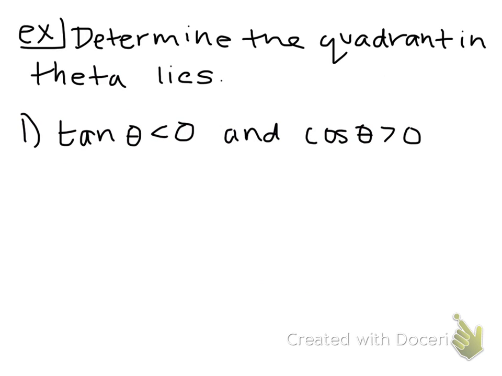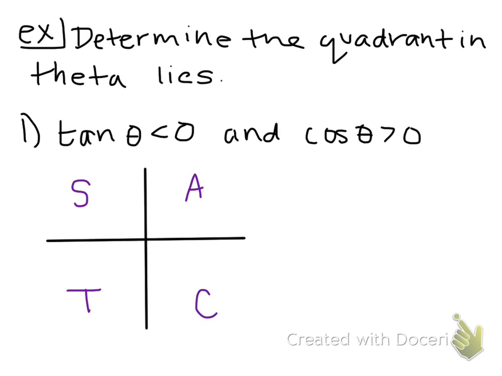Now two quick little examples to finish up for today. It says determine the quadrant in which theta lies. It gives you 2 facts. Tangent of theta is less than 0, but cosine of theta has to be greater than 0. For these, I recommend drawing a little xy axis, and we're going to do some shading. Let's write in here, All Students Take Calc. Tangent is less than 0.